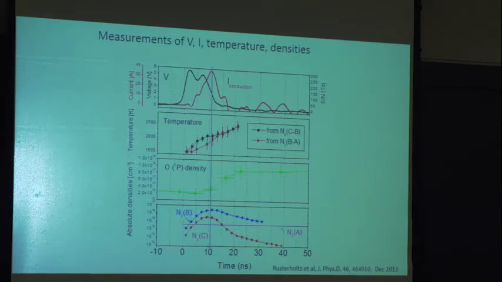So if you look here, time equal to 0 is when the plasma short pulse, a nanosecond pulse, rises.